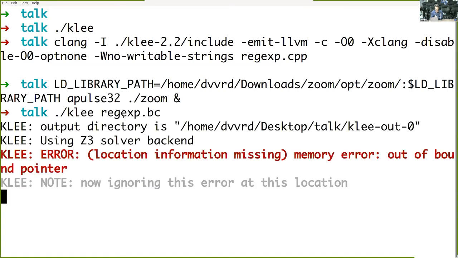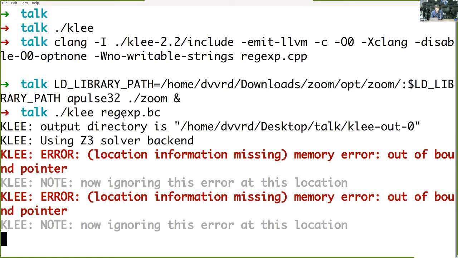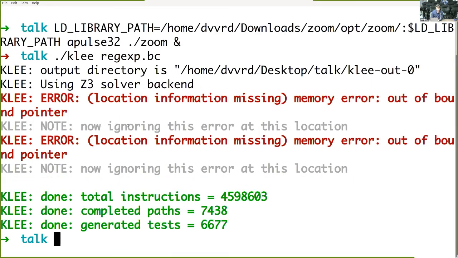on the obtained bytecode. It has managed to detect some errors in this code. We'll wait, I think, 5 more seconds. Yeah, so klee managed to cover every path.